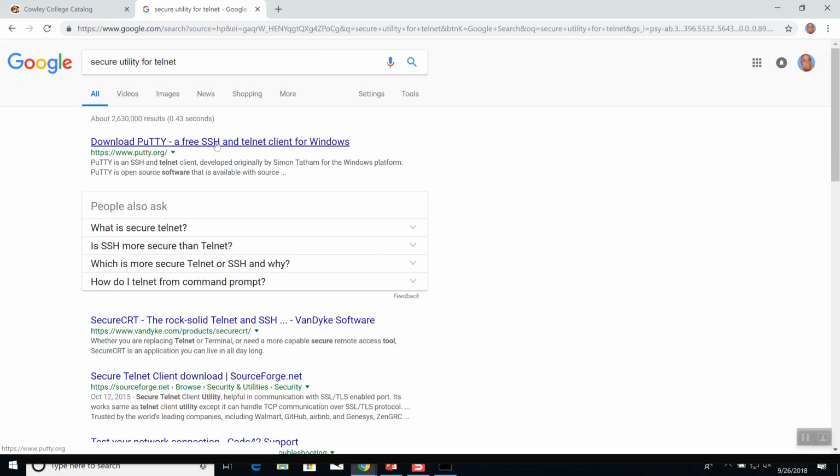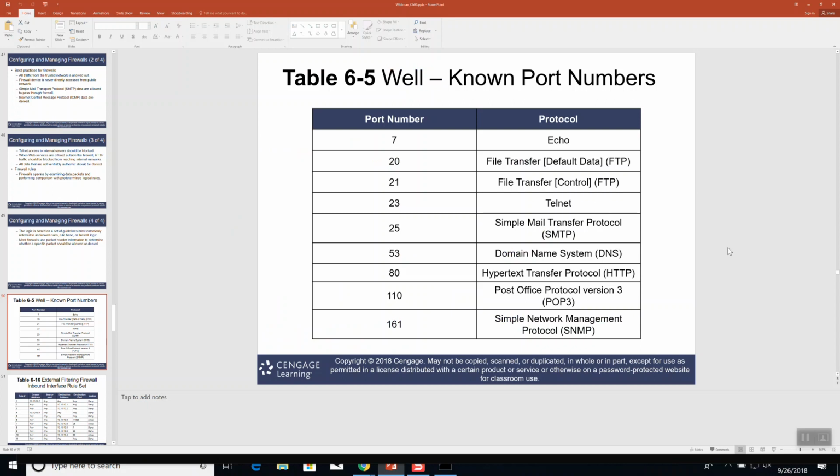PuTTY. It's an SSH client. They had me use PuTTY, and it communicated through SSH and not through Telnet. Now, if you're using PuTTY to go through Telnet, that's probably still an issue.